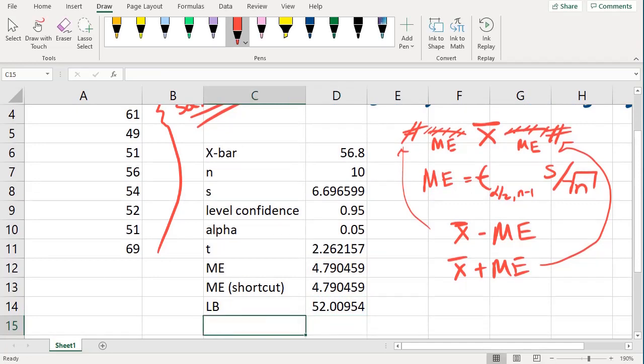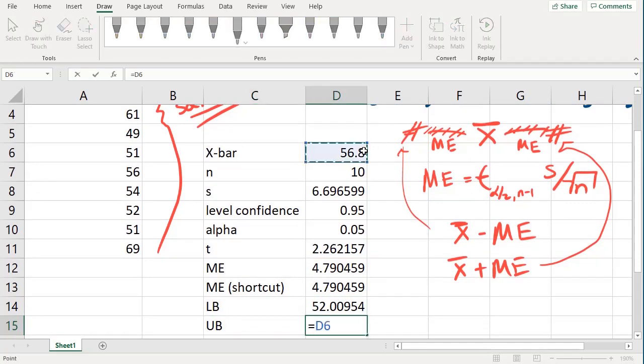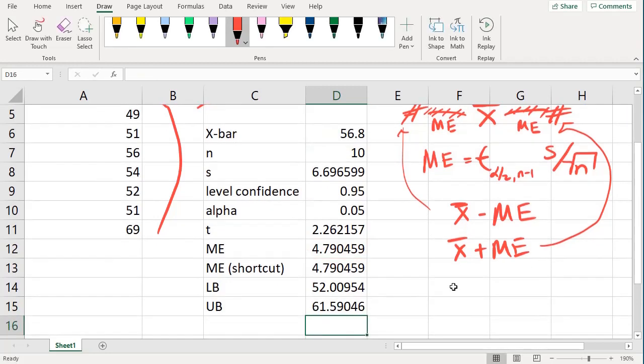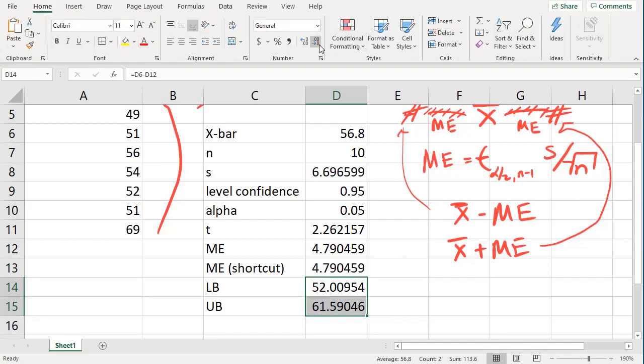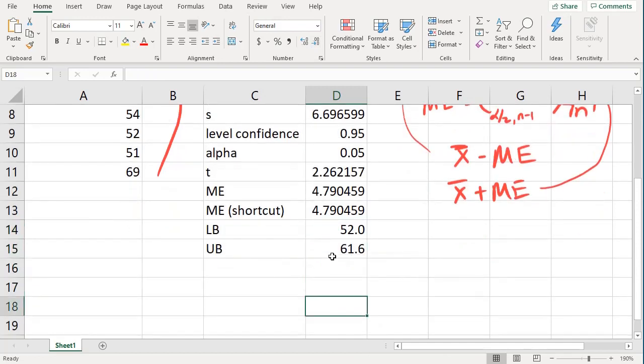Press enter. And the upper bound will equal the sample mean plus the margin of error, and press enter. Okay. Once you're here, you have your final answer. You can round it off. If I go home, and I press these little rounding buttons, I'm going to round to 1 decimal. All right. So now I have my confidence interval.